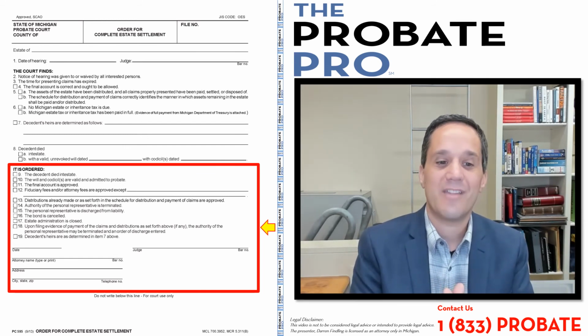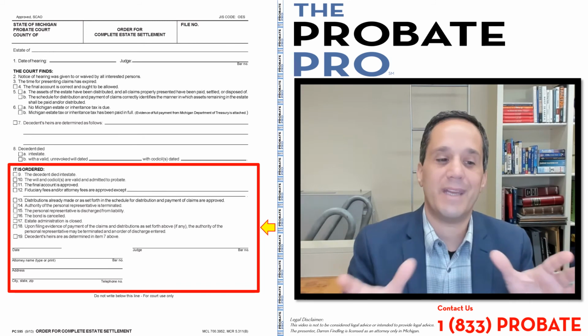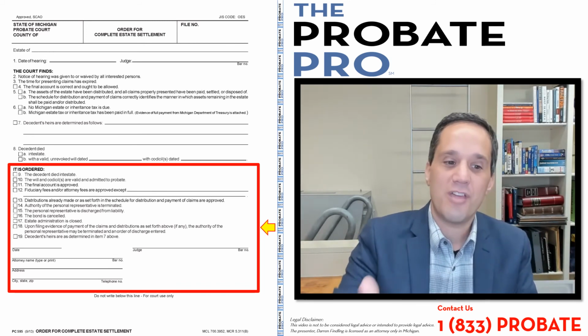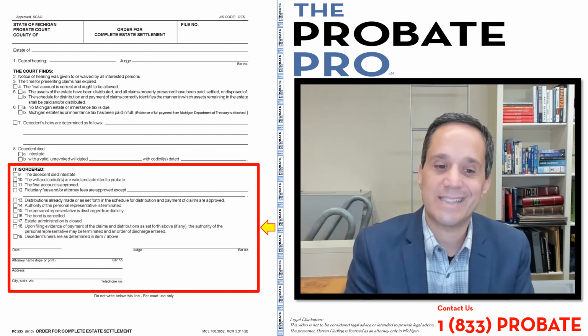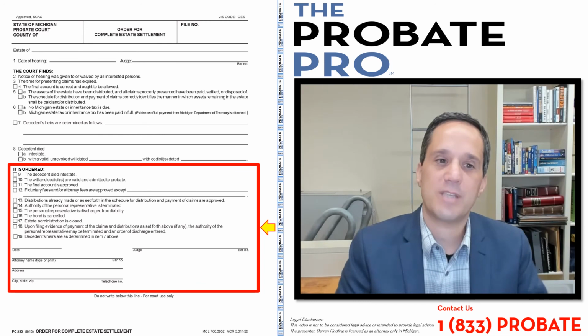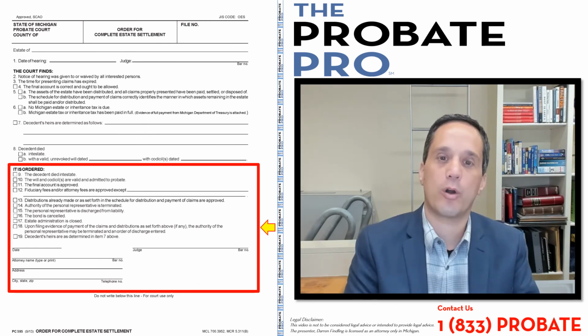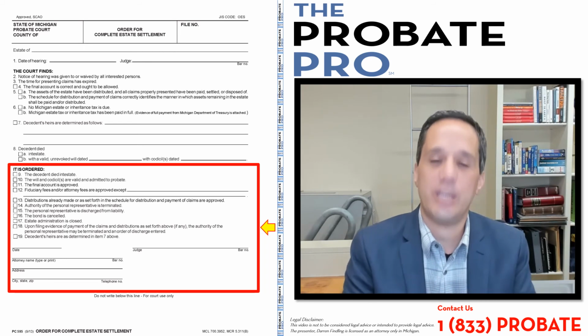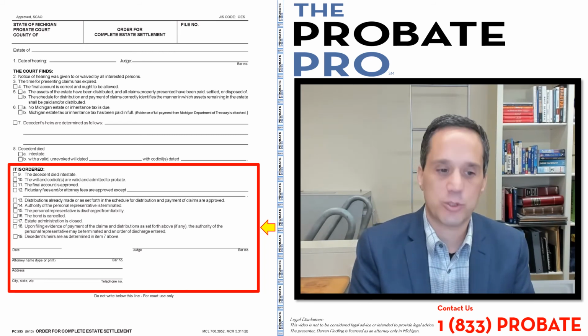18 provides that if you're going to be distributing afterwards, meaning after the entry of the order, then upon proof through receipts, the court can enter a discharge. So, for example, sometimes there's more work to be done after that order, and the court would require receipts to be filed to then issue the discharge of the personal representative.